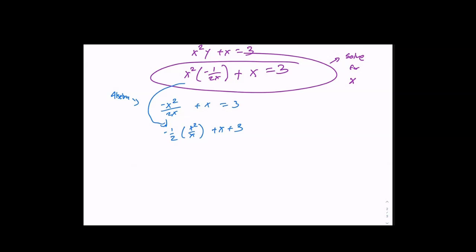Now, I've done a lot of practice, so I can typically go from that purple to this new line right here, which is negative 1/2 x plus x equals 3. I don't know why I put a plus, oops.